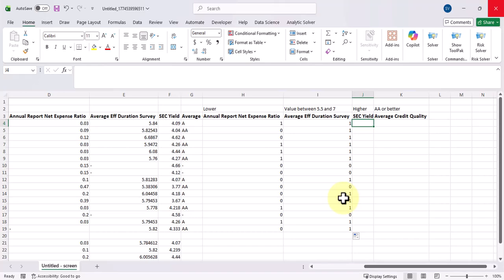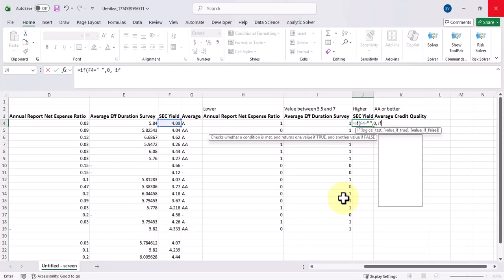Okay. So I'm going to create this like I did my first variable. I'm going to put an equals IF. If it's a blank, then I don't want it to return anything. I want it to return a 0 there.